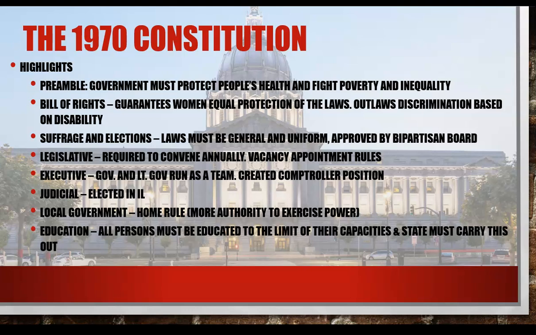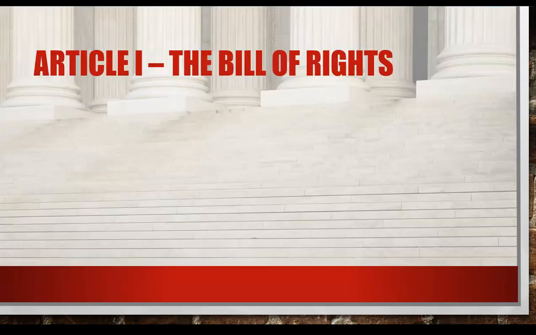And then there's some new stuff on education, where all persons must be educated to the limit of their capacities, and the state has to help carry this out. So state-funded education, basically, is what that means.